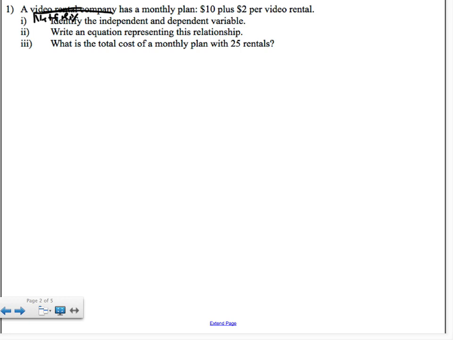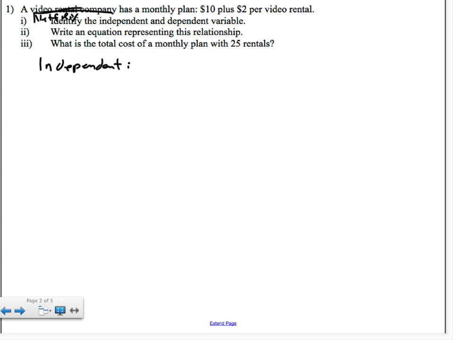So what are our independent and dependent variables here? Matthew? Independent is what? It doesn't change, it's always going to be $10. The monthly plan of $10? Well, what is affecting what? The amount of videos you get affects how much it costs, right?